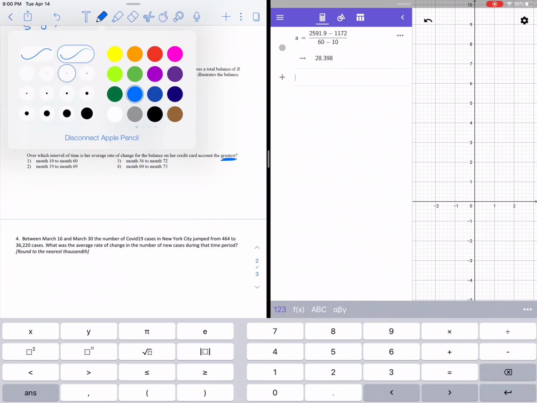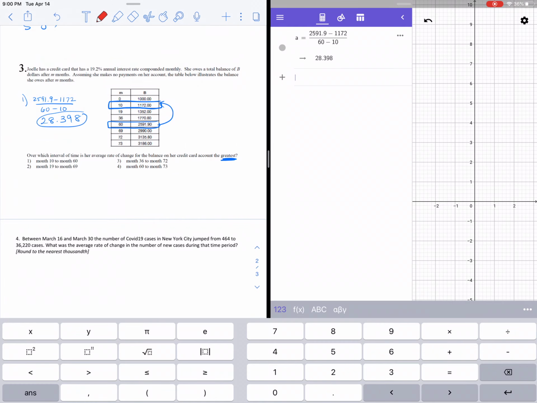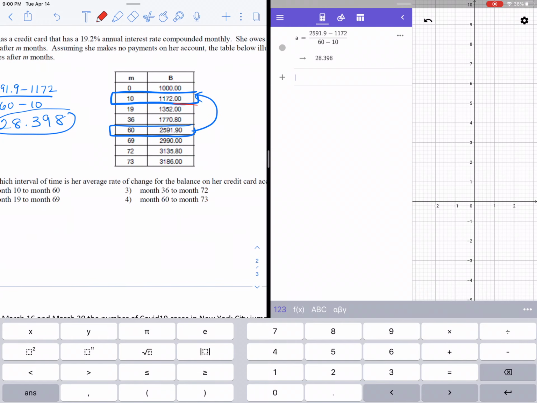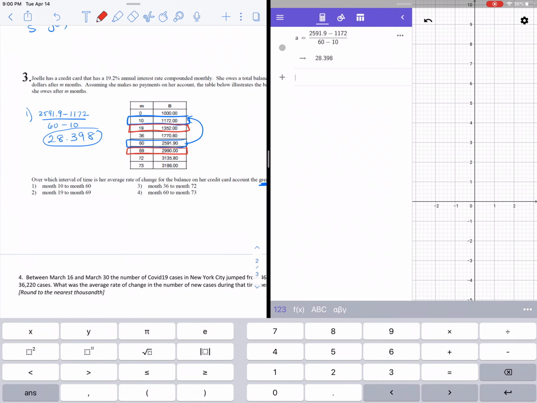For choice 2, they want the average rate of change between month 19 and month 69. So for that one, I'm going to do 2990 minus 1352 divided by 69 minus 19.